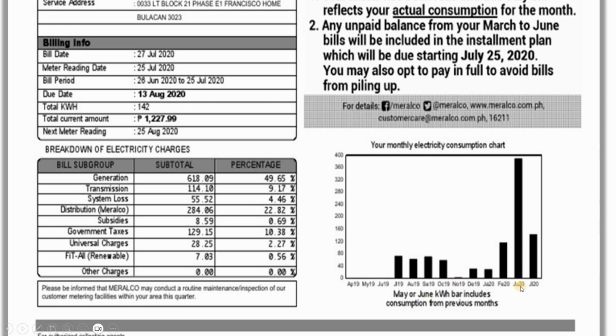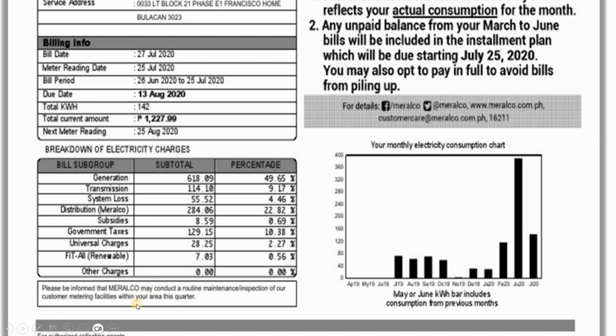July 2020 is very high compared to other months, and it seems like her house only started around July 2019. And here is the breakdown of electricity charges: generation, transmission, system loss, distribution by Meralco, subsidies, government taxes, universal charges, this is FIT-ALL, renewable, and then other charges.